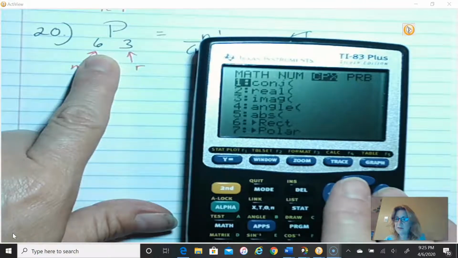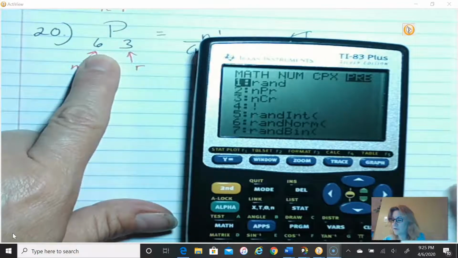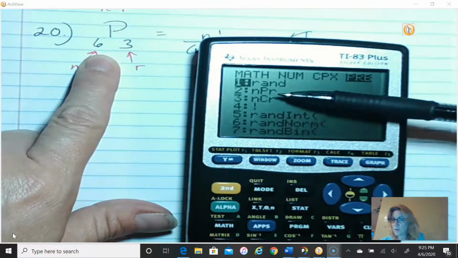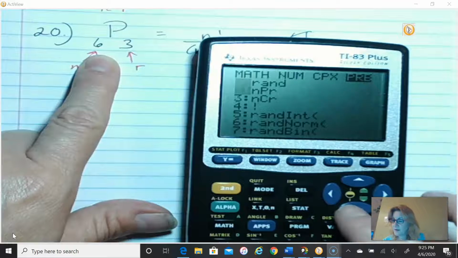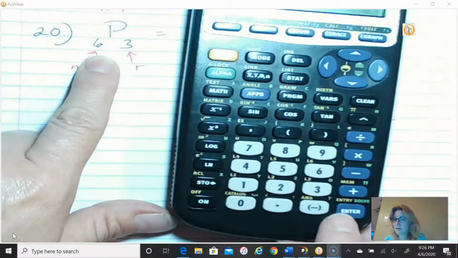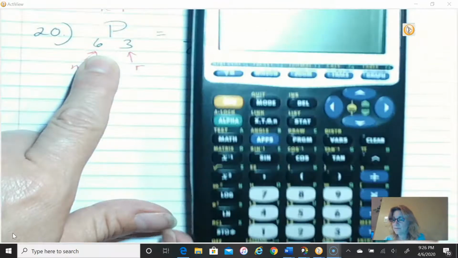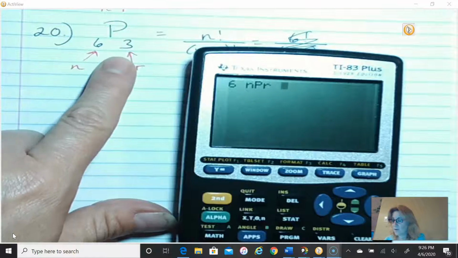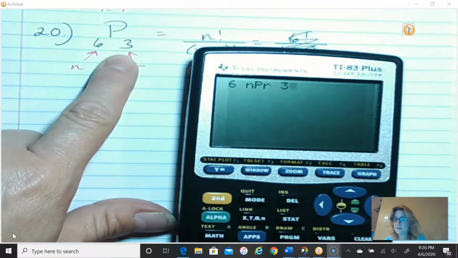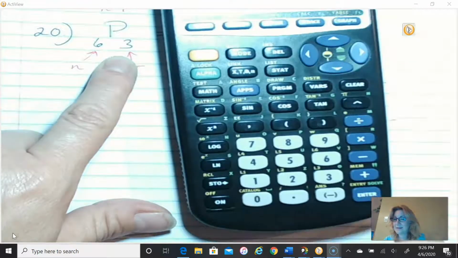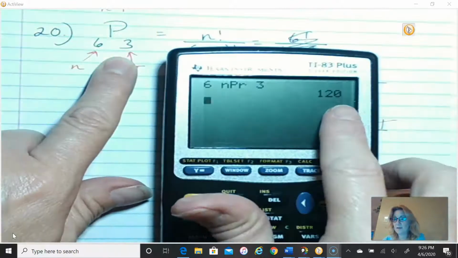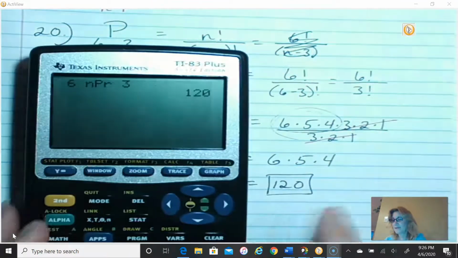And then go down to number 2. Hit enter. And then 3. Hit enter. 120.